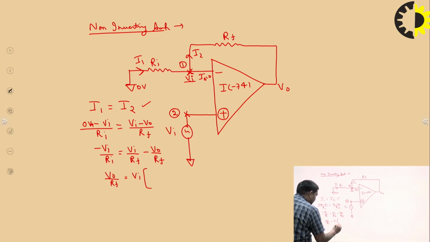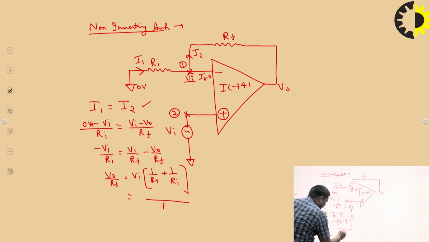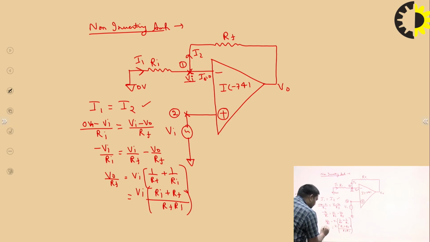You have to take common 1 upon Rf plus 1 upon Ri. We take Rf into Ri as the LCM, so this is Ri plus Rf into Vi, which is equal to V naught upon Rf.